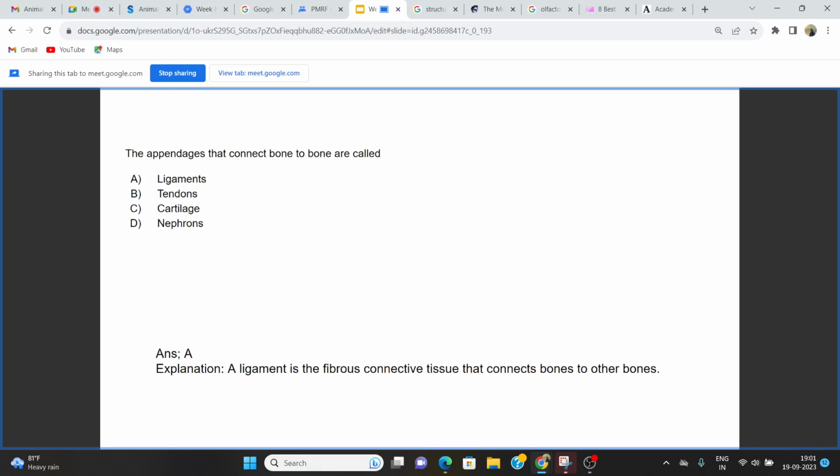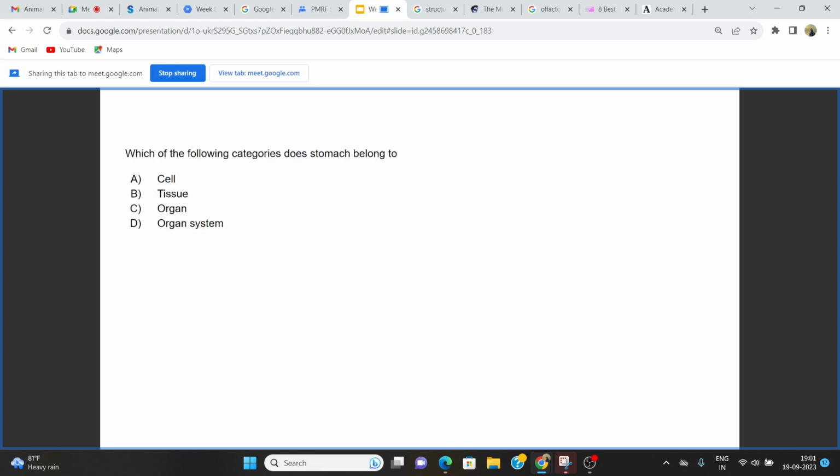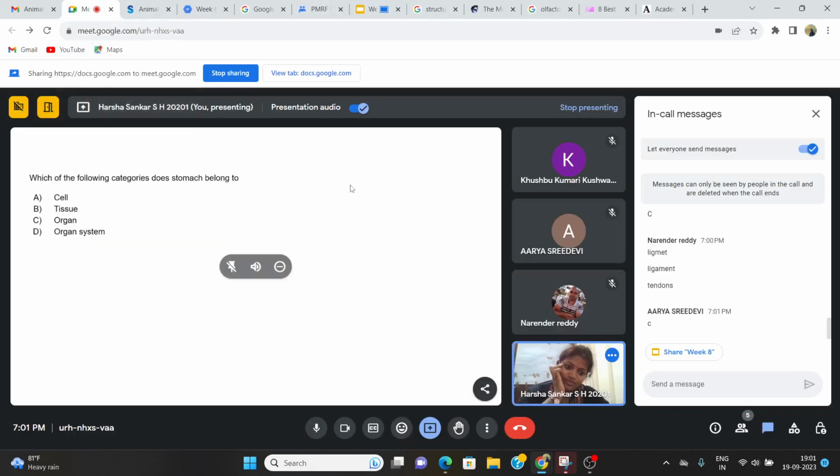Which of the following categories does stomach belong to? What is the system that the organ system level of the stomach comes from? What is that system called?